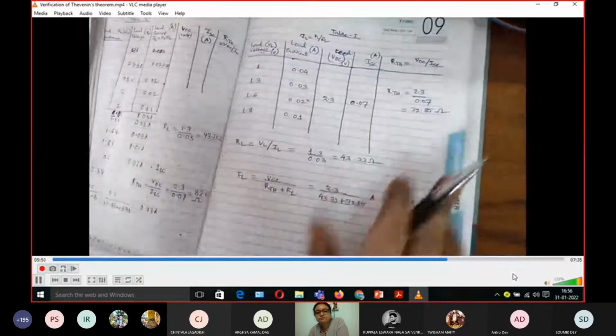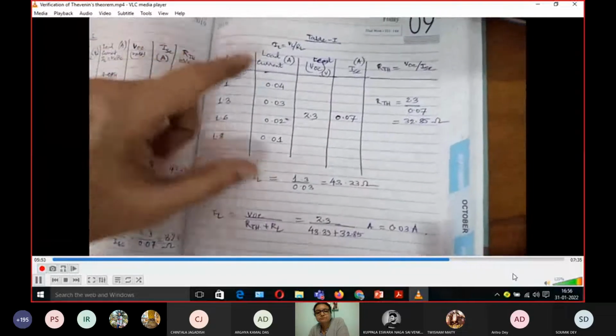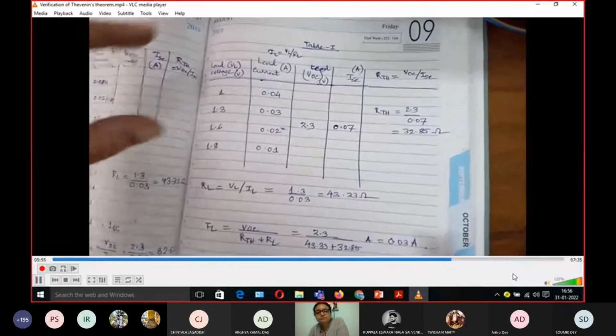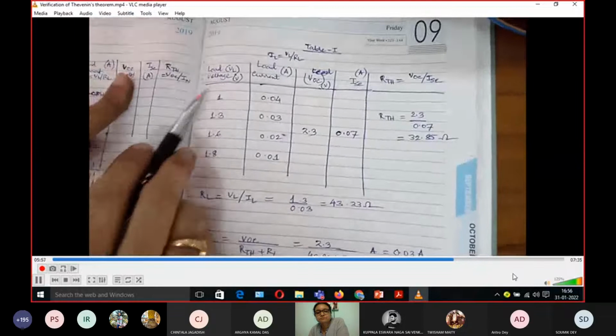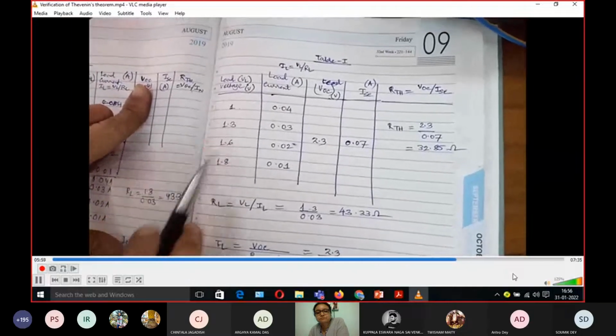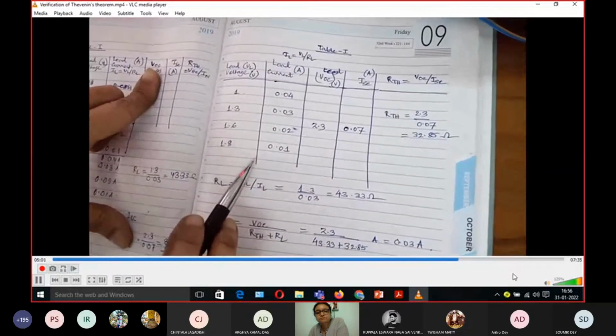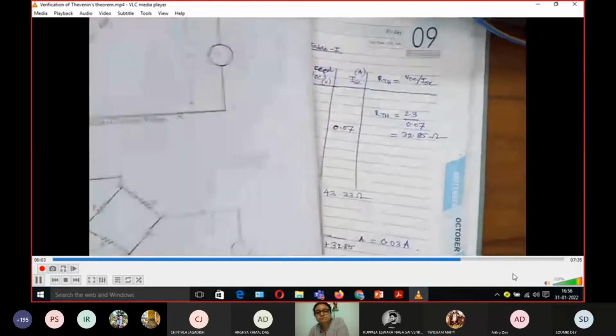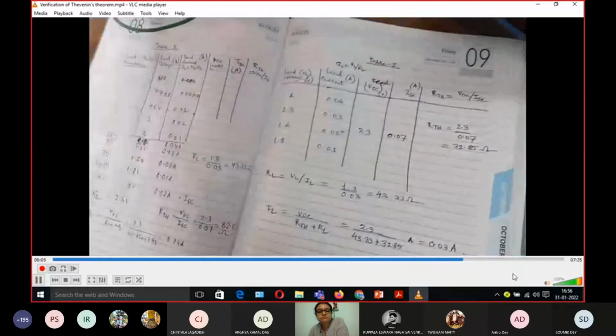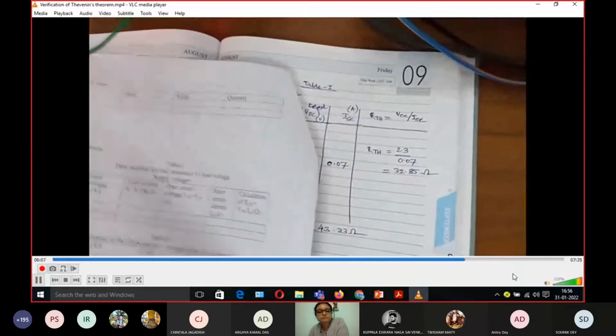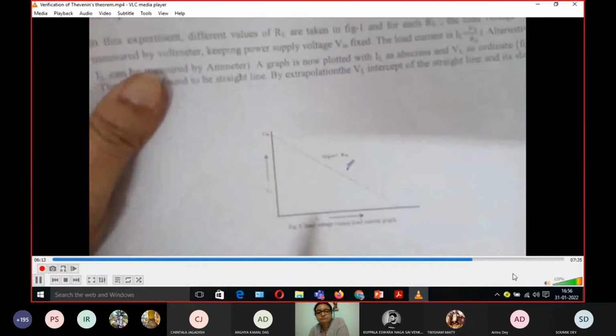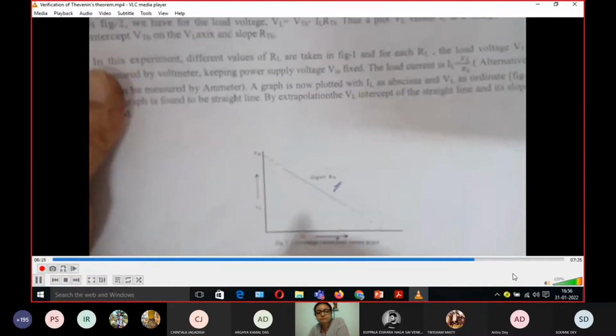For the complete run, we have taken all the data a priori and you can show it. That is different load voltages and different load currents, for which you can have this graph. This is the IL axis, this is the VL axis.